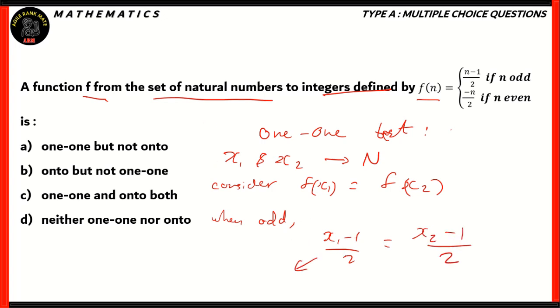Now that means we can cancel out 2, so x1 minus 1 equals x2 minus 1, which in turn implies that x1 equals x2. So in the odd scenario, if f of x1 equals f of x2, then x1 definitely is equal to x2. So basically the function is 1-1 when both numbers are odd.